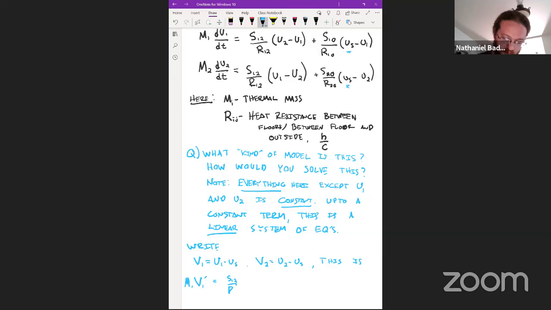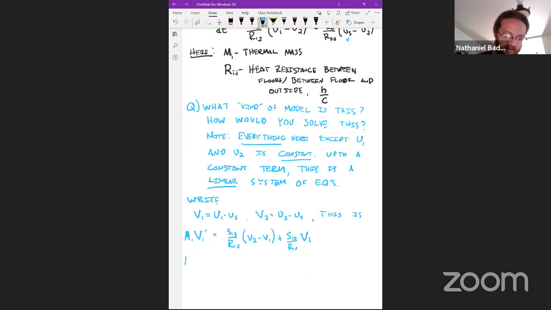Great, so M1 V1 prime equals S12 over R12 times V2 minus V1 plus S10 over R10 times V1. And similarly, we've got M2 V2 prime equals S12 over R12 times V1 minus V2 plus S20 over R20 times V2.